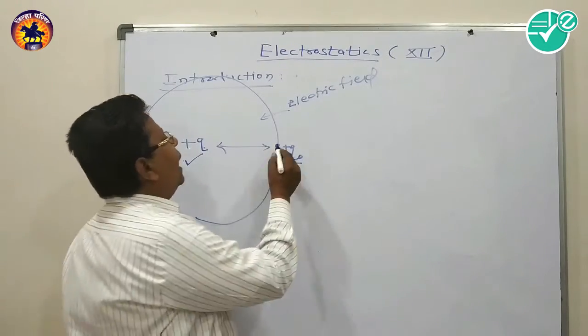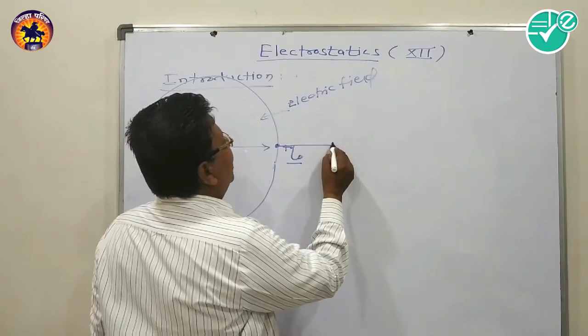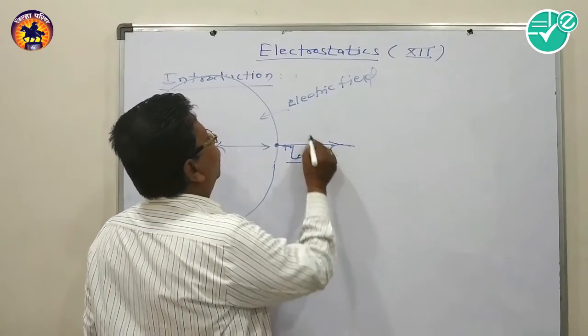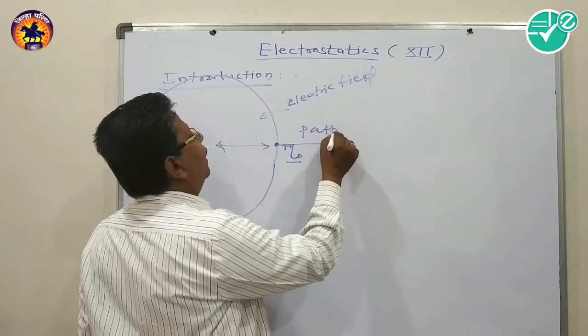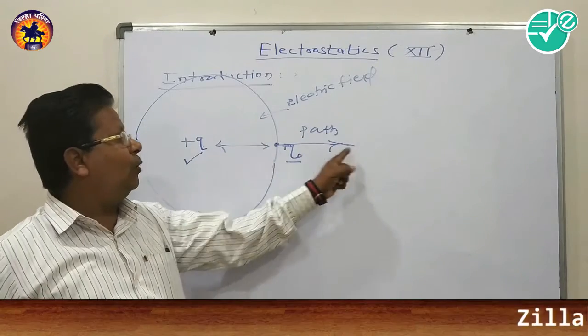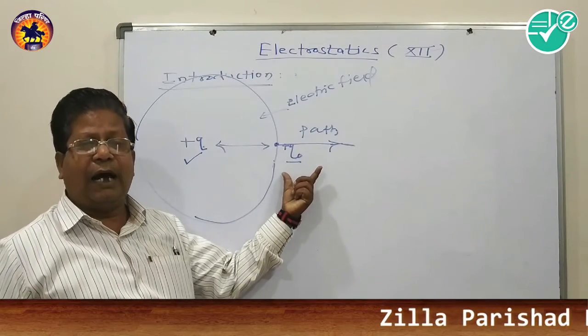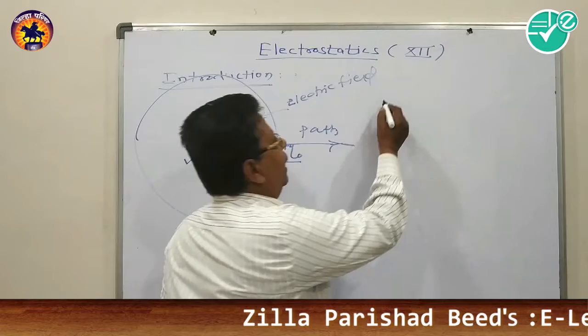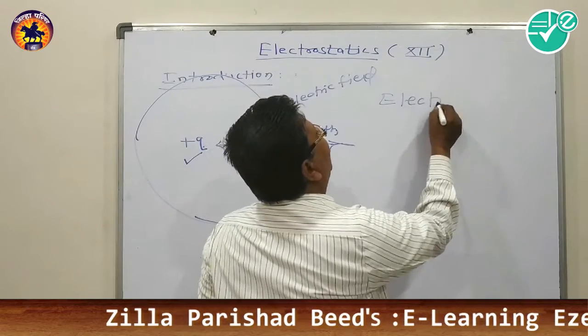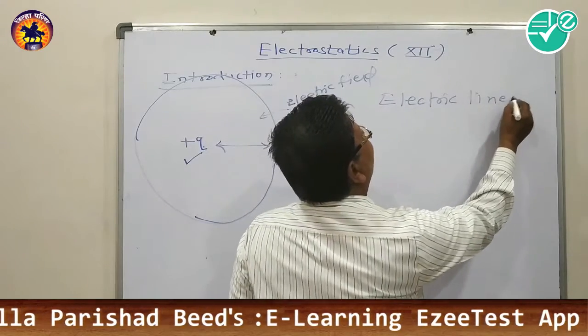Due to that, this test charge will follow a path, and the path followed by the free positive charge is called electric lines of force.